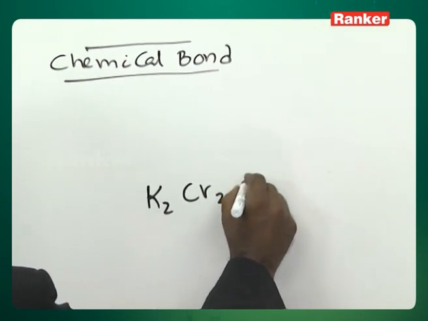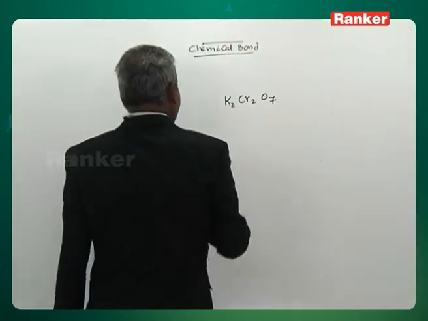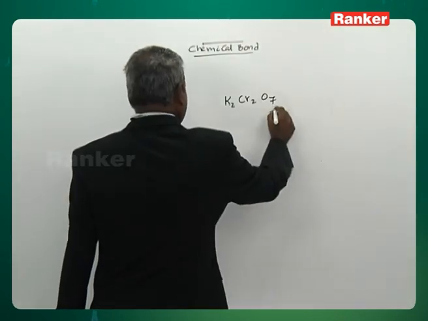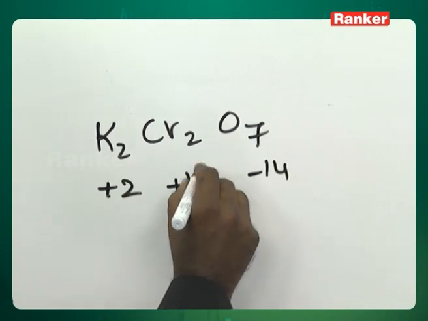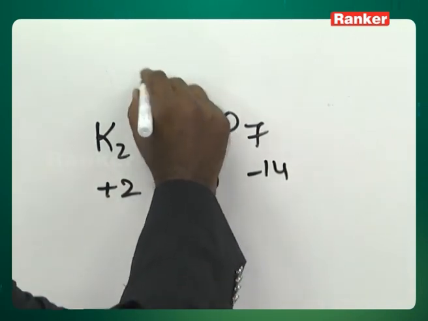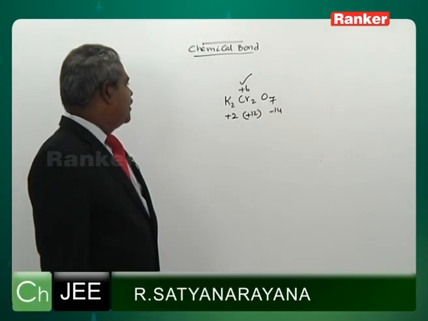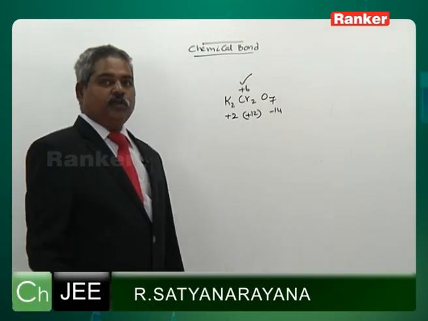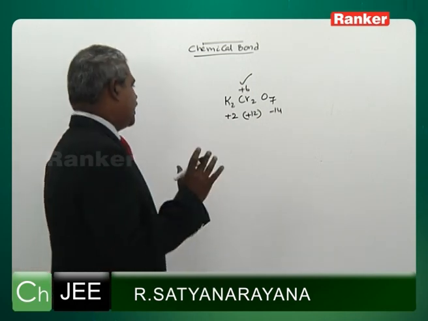K2Cr2O7. Decide the chromium: minus 14, 2 potassiums fixed plus 2, so plus 12, each chromium plus 6. Potassium dichromate. So what is the oxidation state of chromium here? Plus 6. That is how we have to find oxidation state categorically.